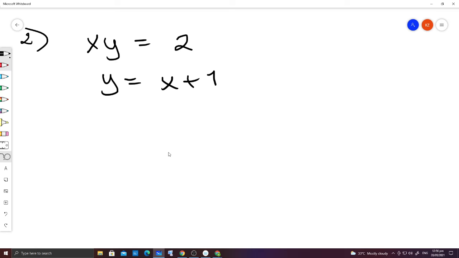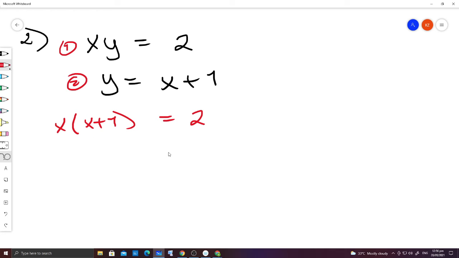Let's use equation 1. Equation 2 is set already. So how do we answer equation 1? Louder, please. x multiplied by x plus 1 equal to.